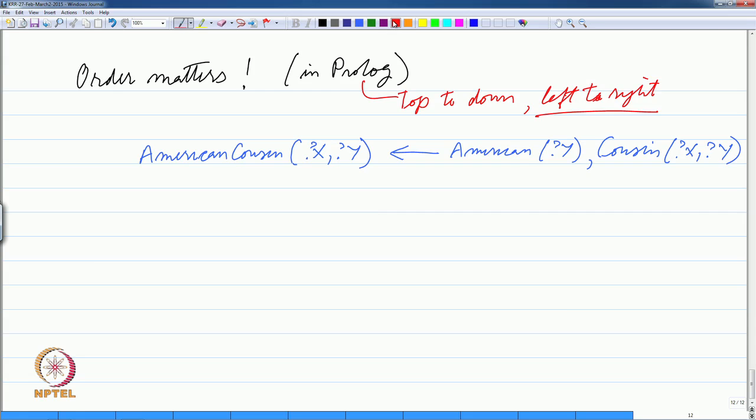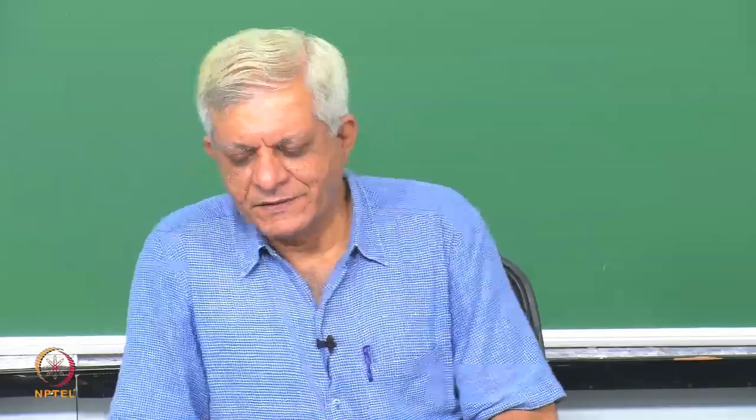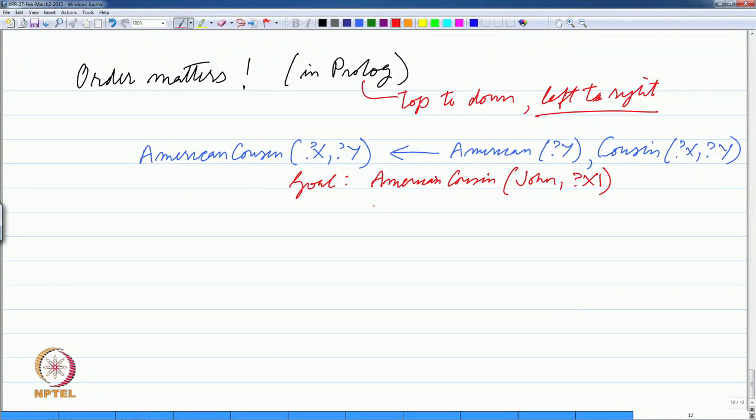What is this program? What will this do? If I have to ask the question, let us say goal, American cousin John X, let us say x 1. So, we are asking, does John have an American cousin essentially? What will this particular Prolog do? It will break it down into a goal set.